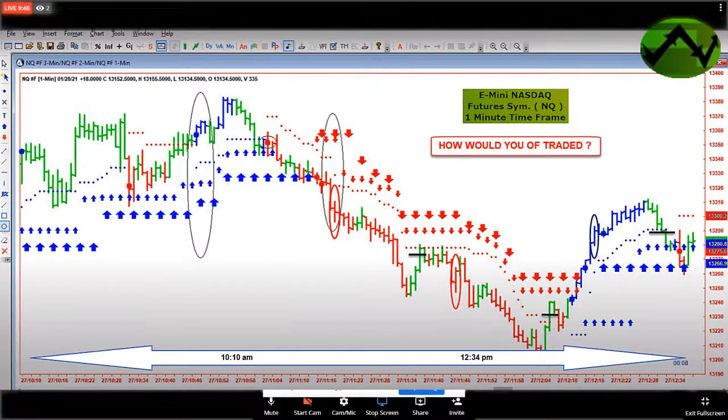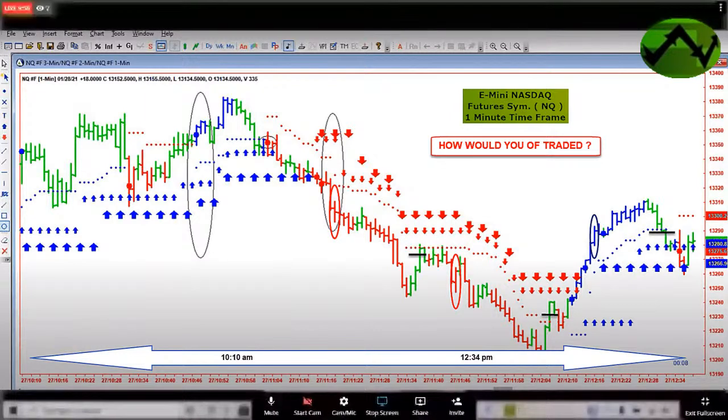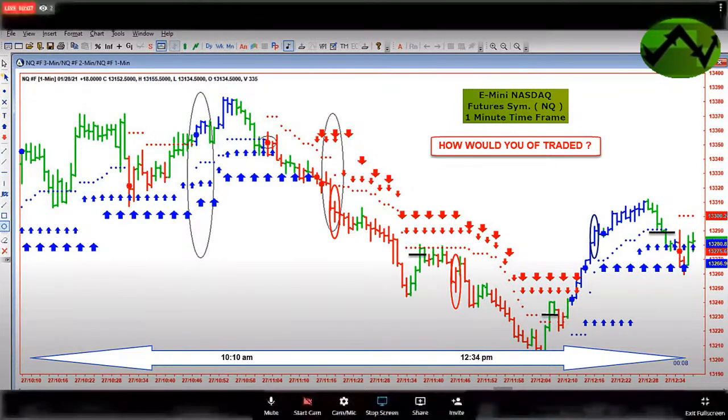Okay, this time frame you're looking at, this one we're looking at 11:16, roughly around 11:16. Here you have a red sell signal. You've got one red bar, another red bar, another red bar.